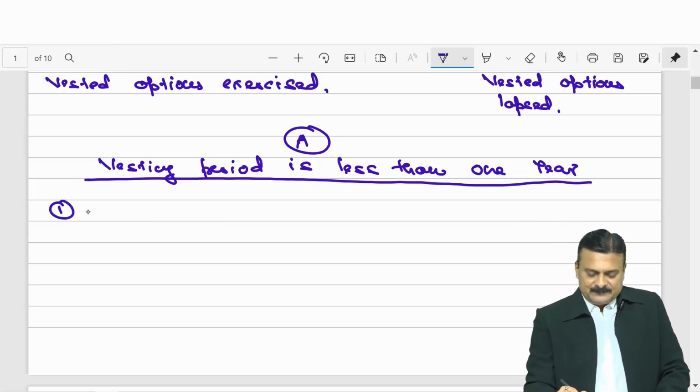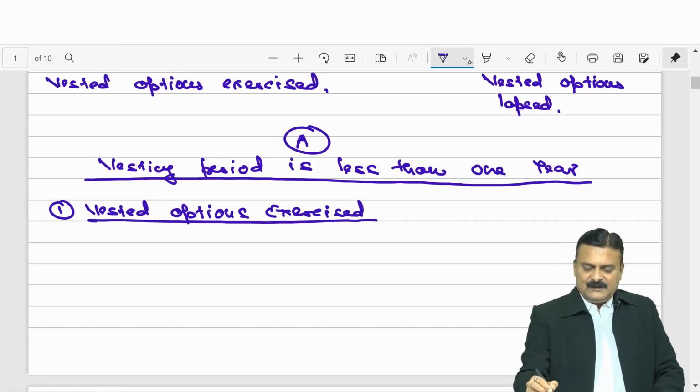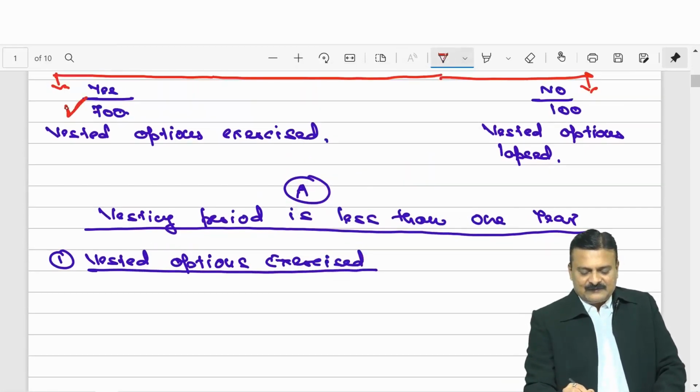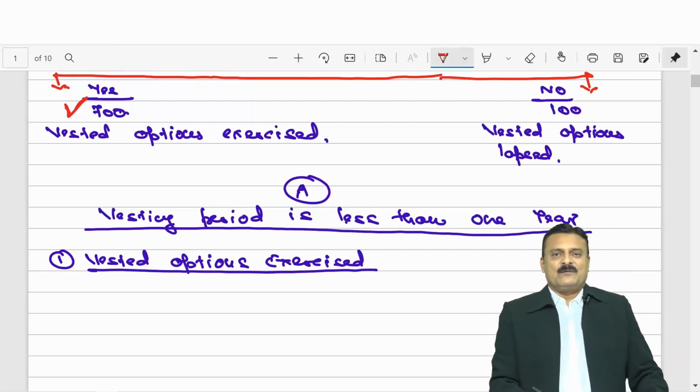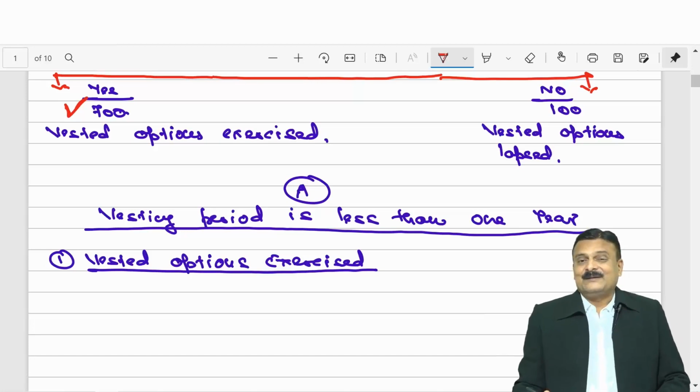Entry number 1 for vested options exercise. Your company has allotted how many shares? 700 shares. Offer price was 40, face value was 10, and 130 was the issue price.